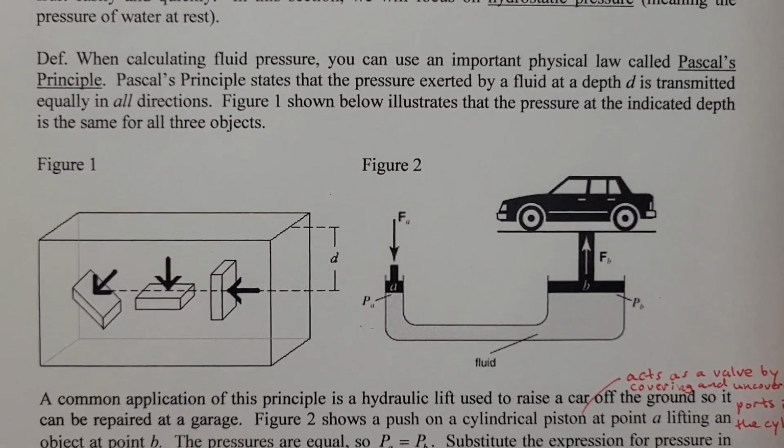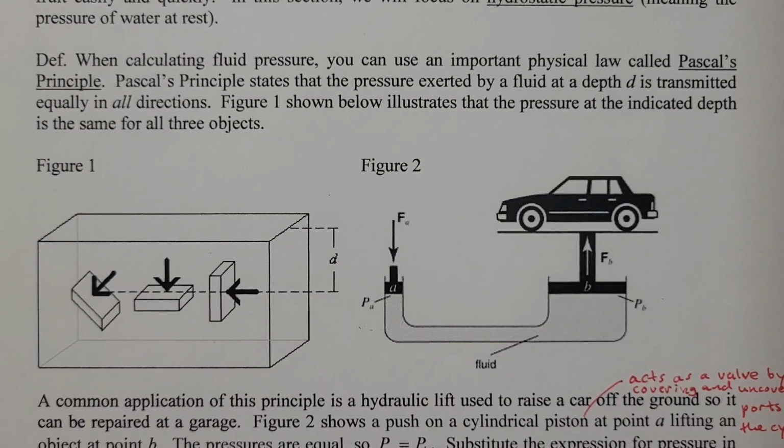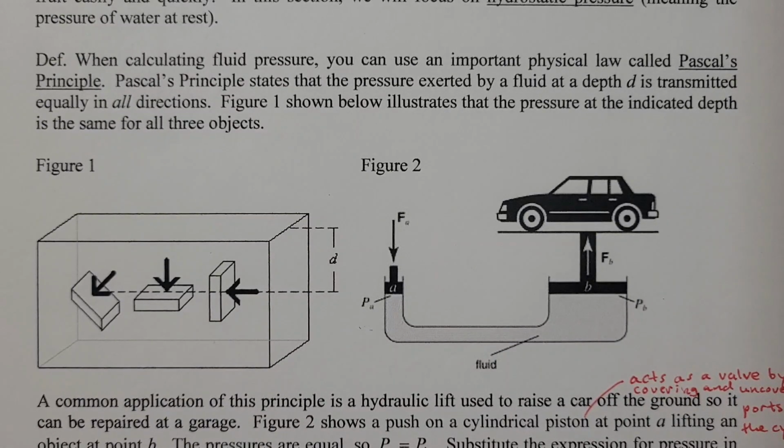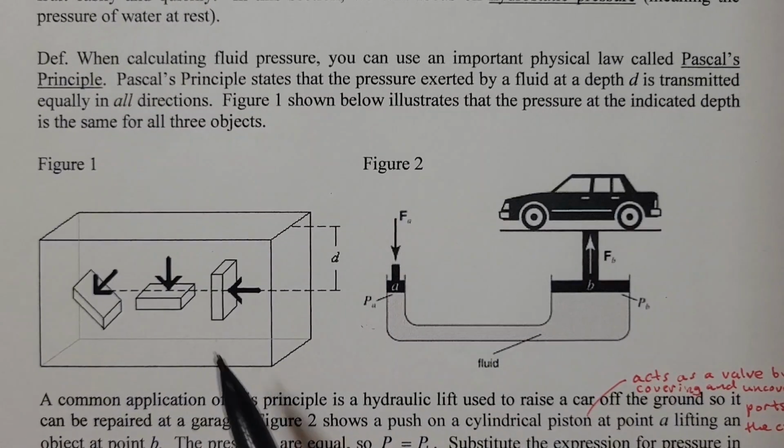There's another definition there. It says, when calculating fluid pressure, you can use an important law in physics, which is called Pascal's principle. Pascal's principle states that the pressure exerted by a fluid at a depth d is transmitted equally in all directions.